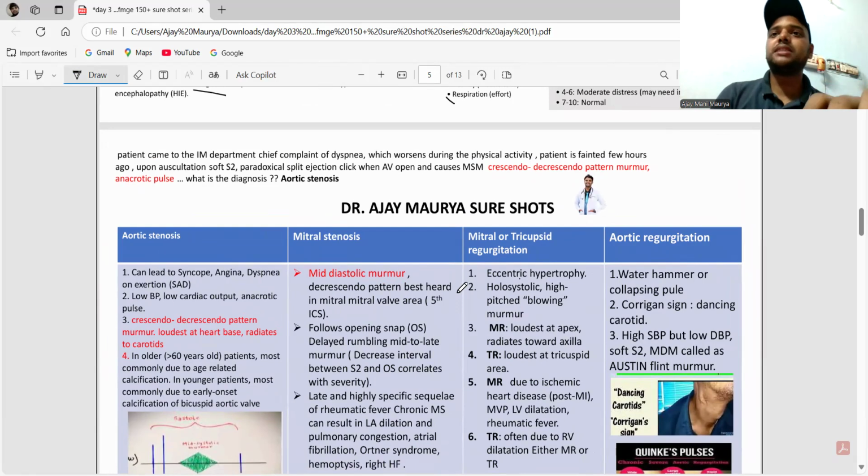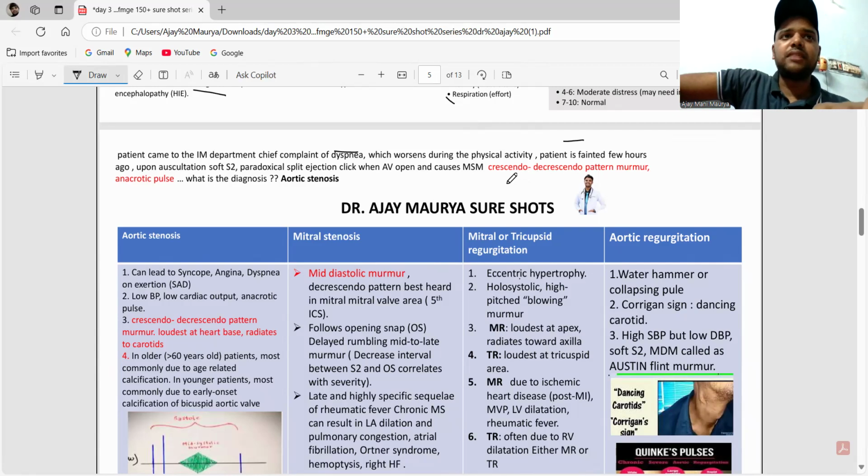Last time they asked about the Austin Flint murmur, which is aortic regurgitation. See, a patient came to the IM department with chief complaint of dyspnea, worsened during physical activity. The patient fainted a few hours ago on exertion, soft S2, paradoxical split, ejection click when the aortic valve opens.